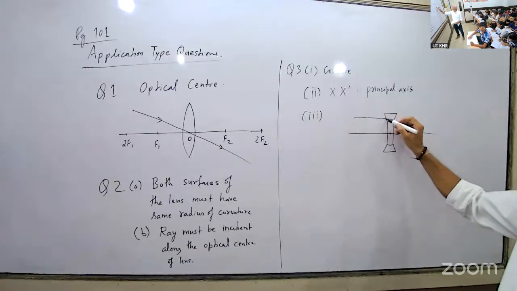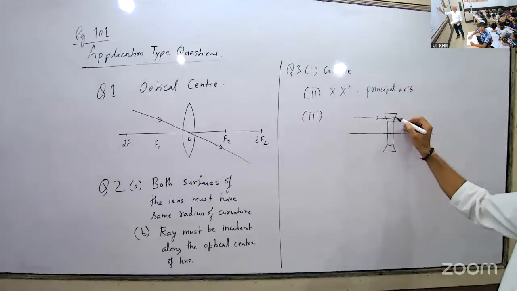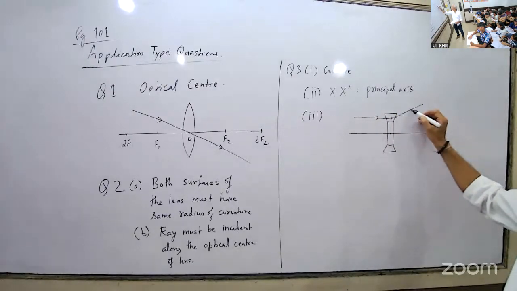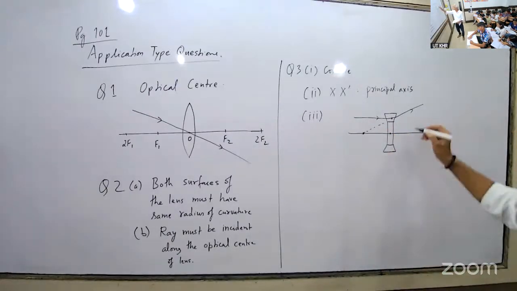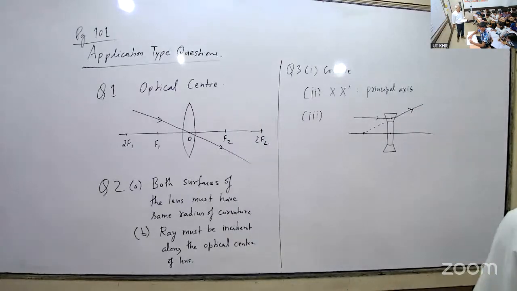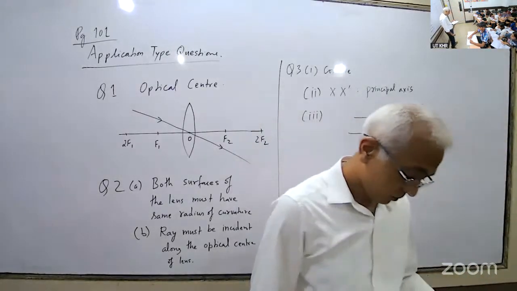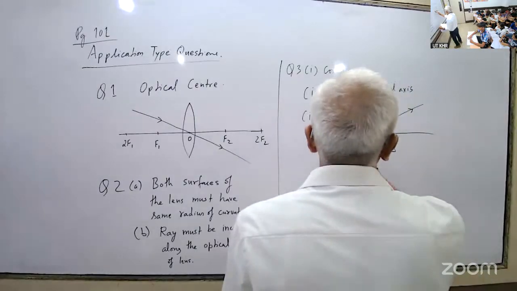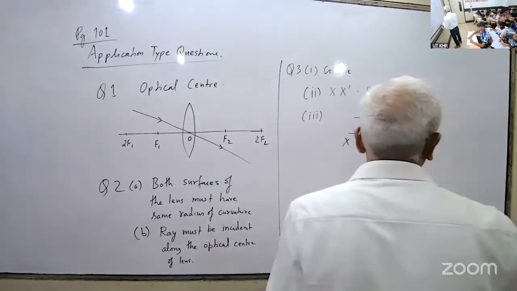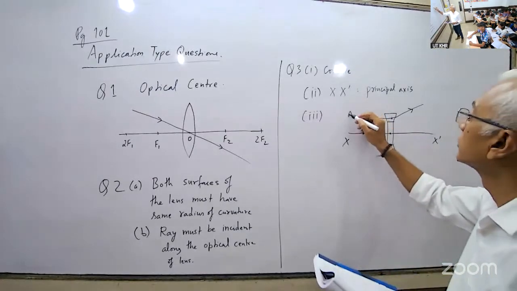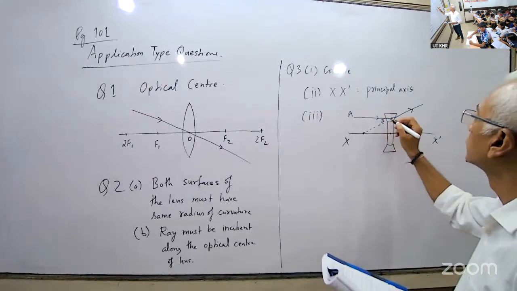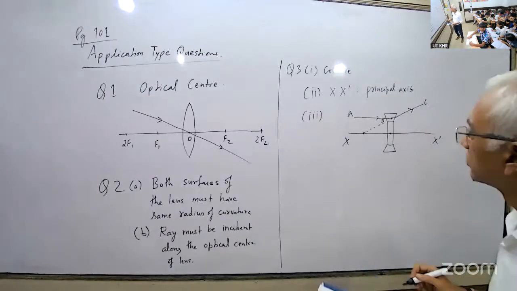So since it is a concave or diverging lens, ray AB, good.